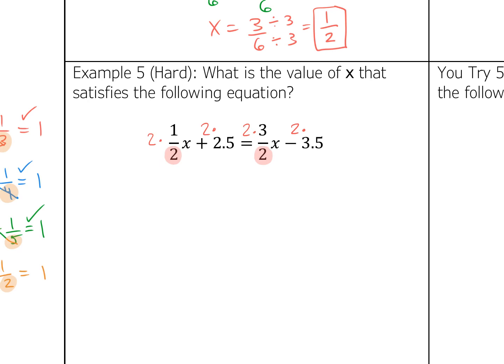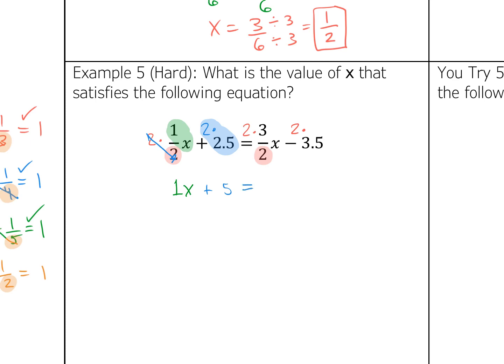So when I do that, these form a 1, so I'm left with that 1x. So I'm going to write 1x. And then if I do 2 times 2.5, when I work that out, you should get 5.